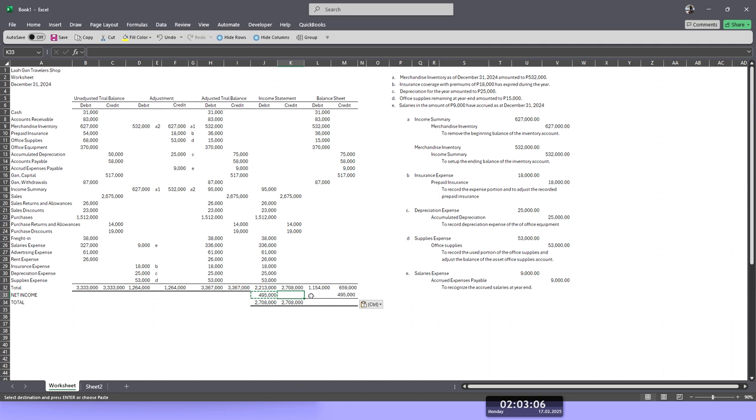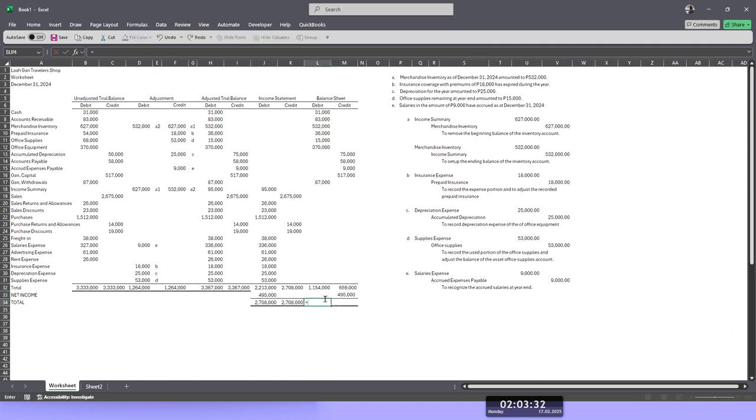But here, since the difference between the total debits and credits of the income statement is written under the debit column, that difference amount shall be written on the other side, or in the credit column of the balance sheet.